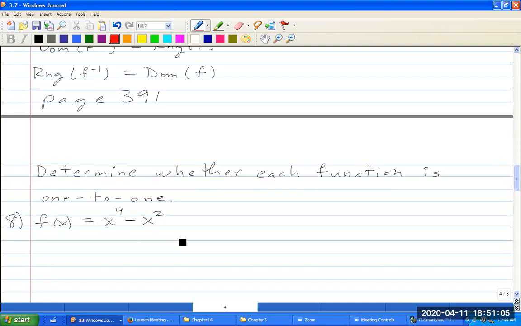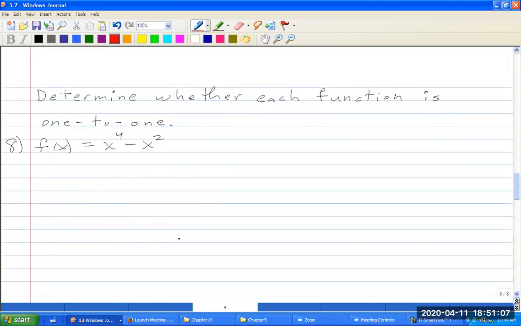I could just draw the graph of this and do the horizontal line test on it, but I'm going to do this analytically. So suppose that f of x1 is equal to f of x2.